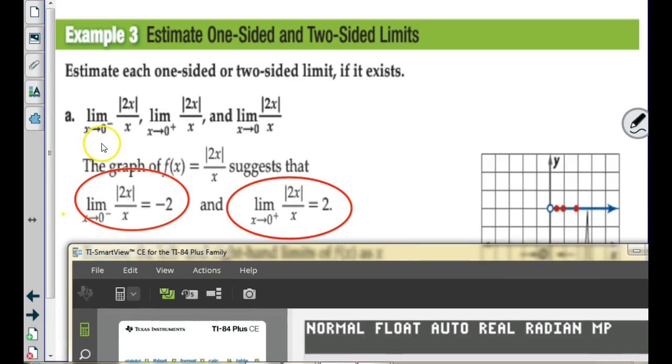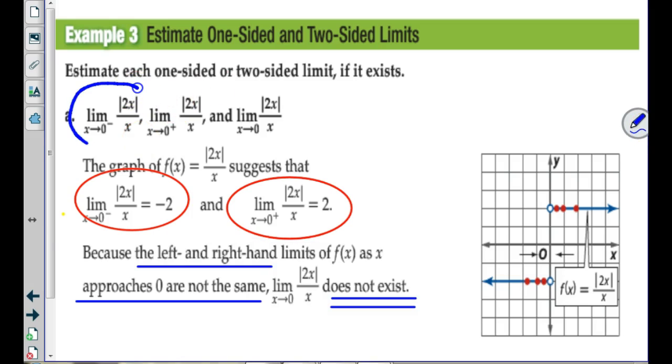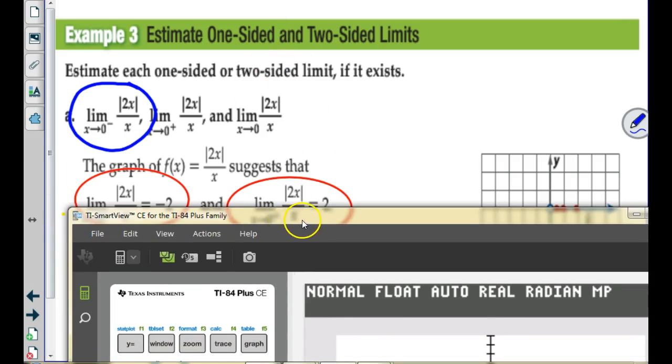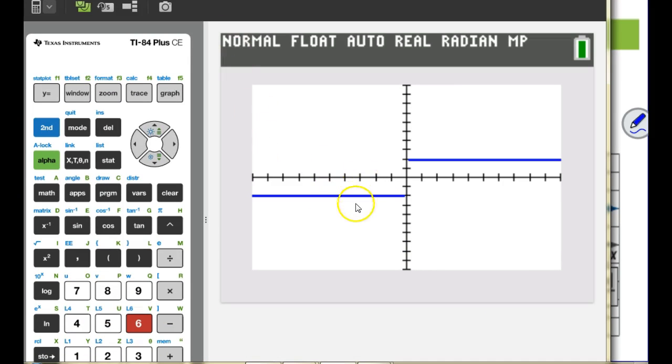The first question asks, evaluate the, what does this mean again? Anybody paying attention? What does that little 0 with the minus after it mean? Yes. So as I get closer and closer to 0 from the left, okay, I'm coming from the left.